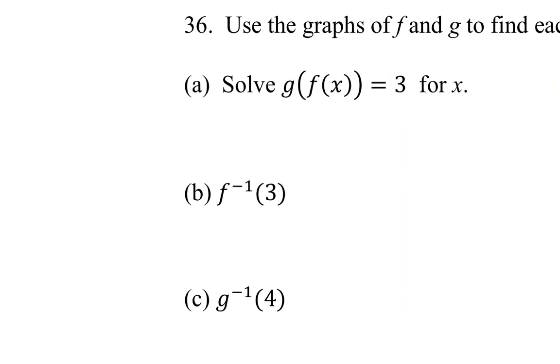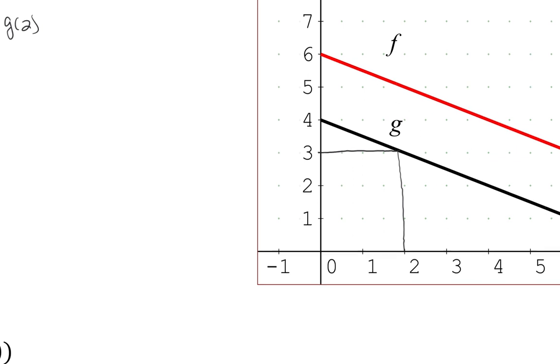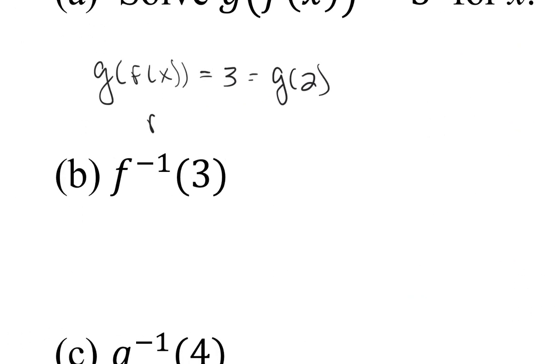So g of f of x is equal to 3, which is equal to g of 2. Which means that when we plug in 2 to g, we end up with 3. This means that f of x, our input function, has to be equal to 2.